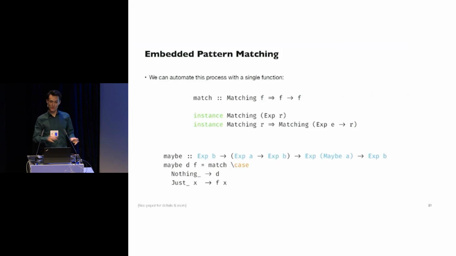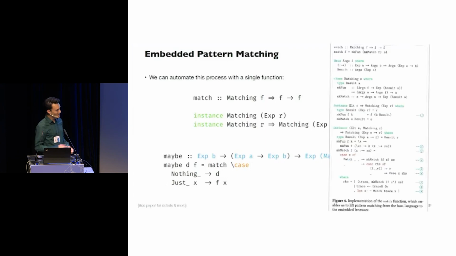And that's enough, so this works now. That's the core idea of the work. There's a lot more details in the paper: how do you handle recursive data types or nested pattern matching, or things like Maybe Bool, for example. Lots of details, including the implementation of this magical match function, which in the end is short enough to fit on the slide, but we're not going to go through all the details.